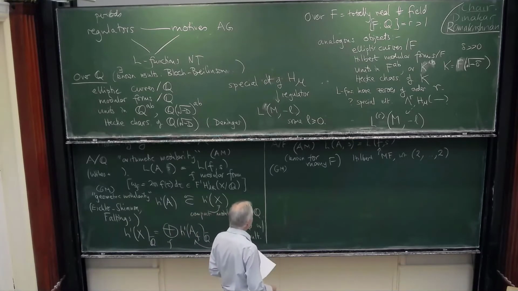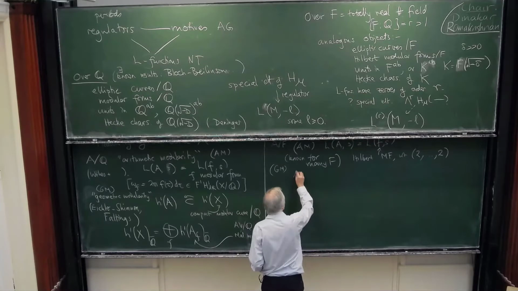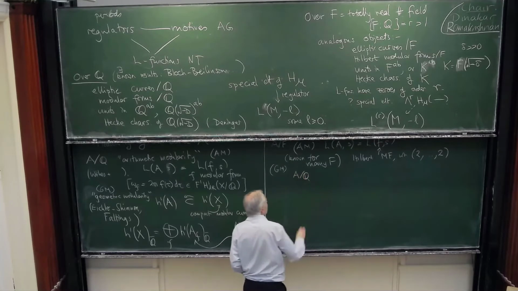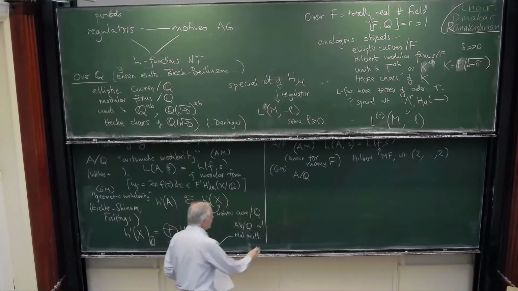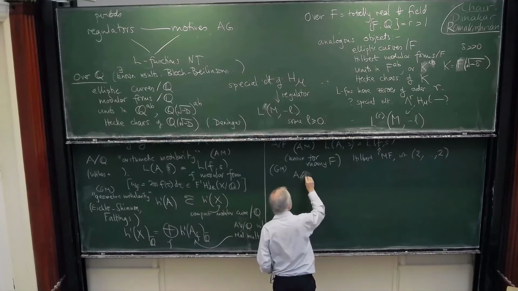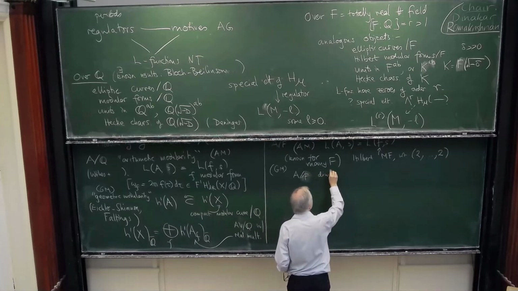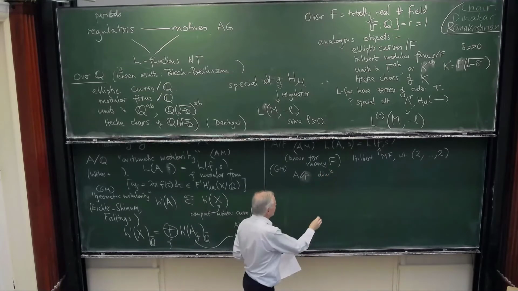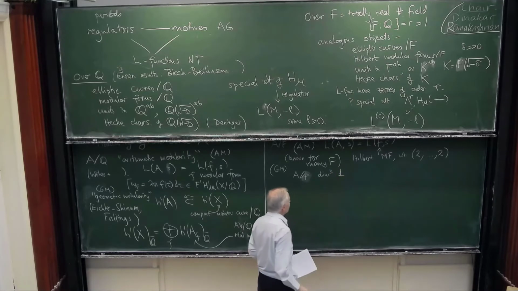And geometric modularity is more complicated because on the one hand we have our abelian variety, which is defined over F, which is of dimension 1, so it has only interesting cohomology in dimension 1.